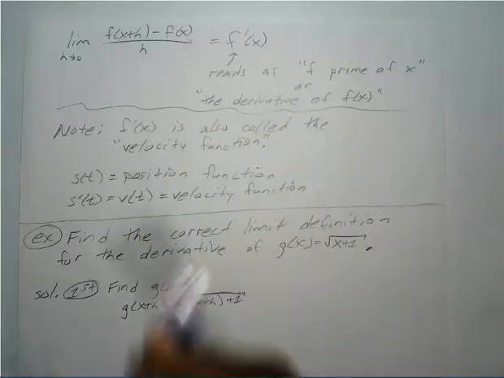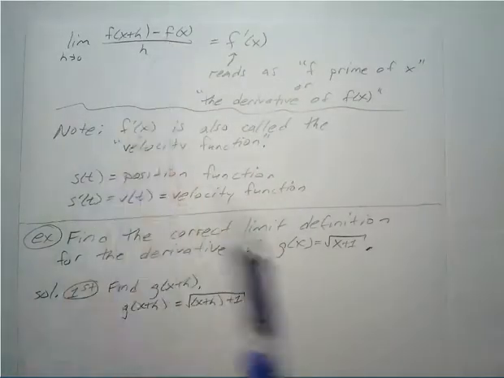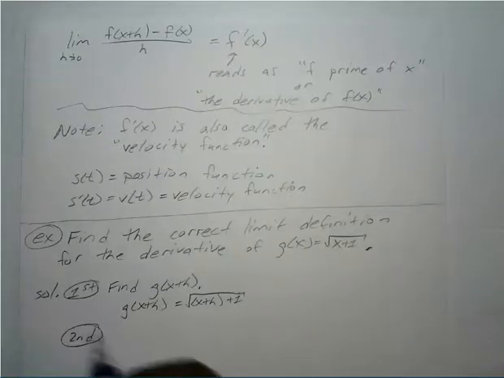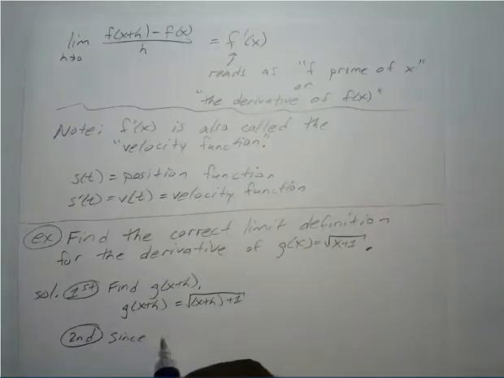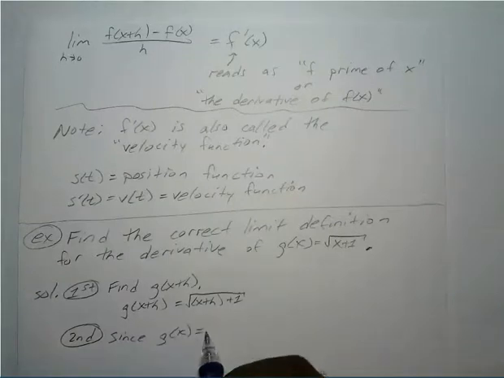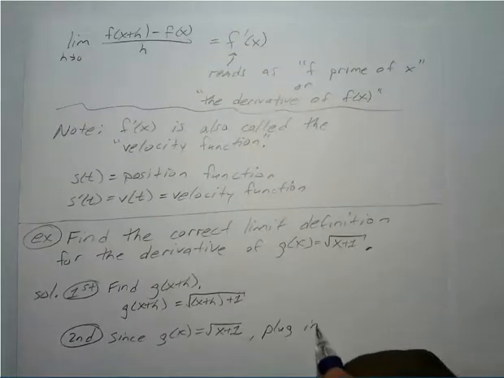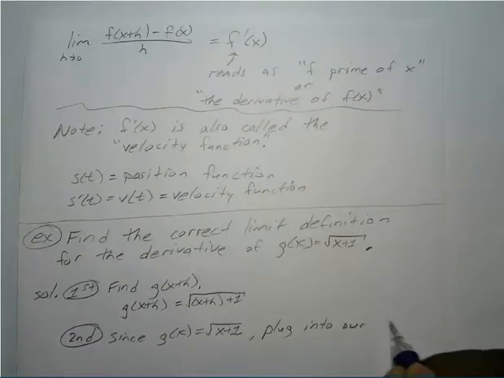Okay. Now, second, we already know what our g of x is. Okay, so since g of x equals square root of x plus 1, plug into our formula.